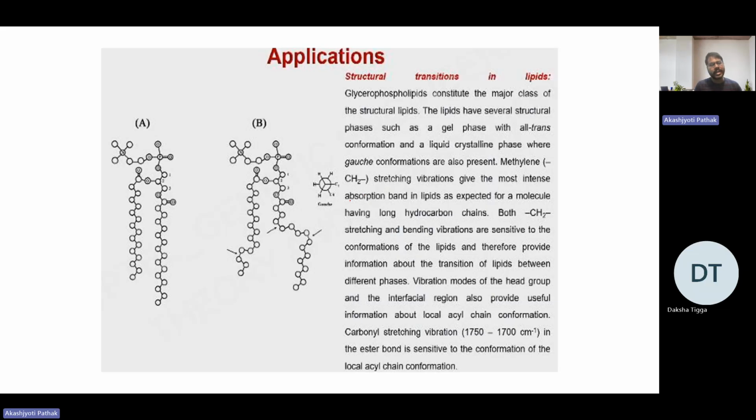So you can study how these different band patterns change when, for example, your ligand or your drug is interacting with the lipid bilayer. Such information can be obtained from IR spectroscopy. Remember that carbonyl stretching vibration arises in this range, 1700 to 1750.